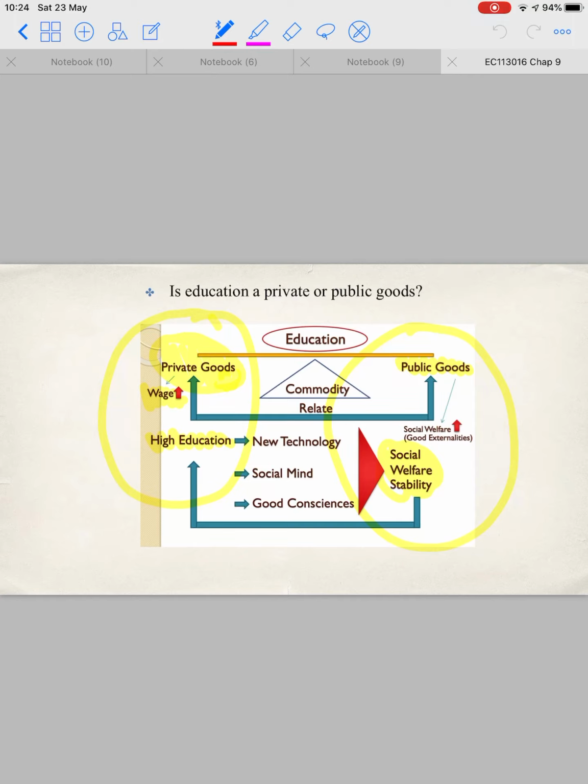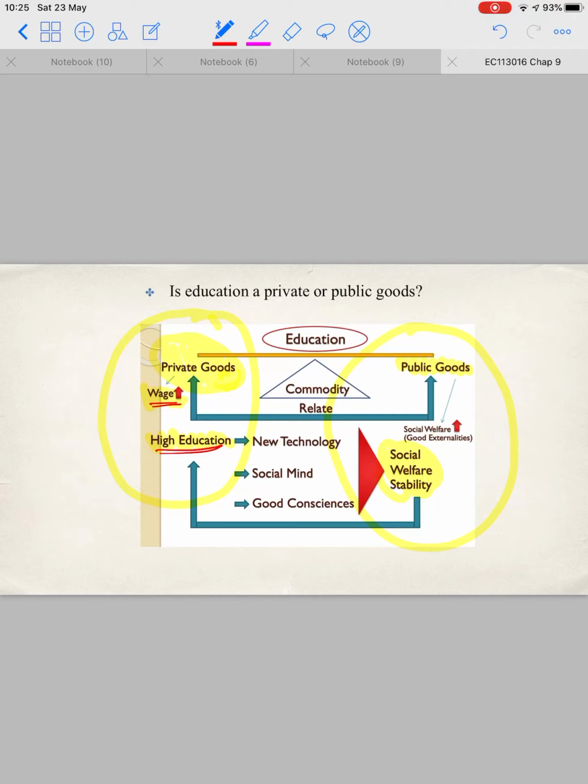This slide shows education from a private perspective. When we look at it privately, it's the individual. They invest in their education and then get a wage, with higher education.